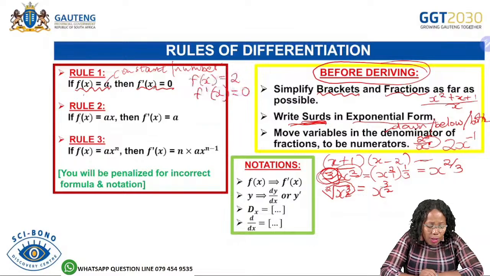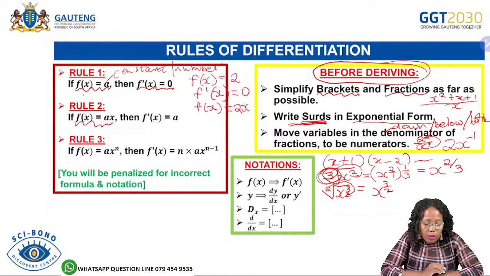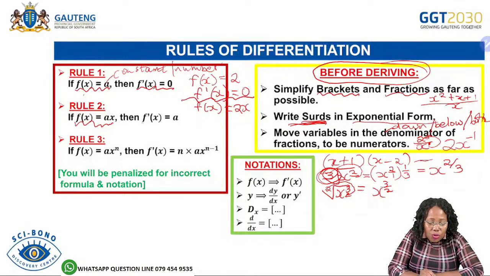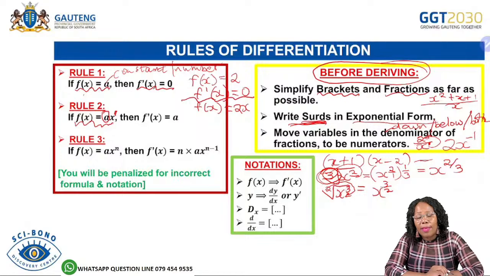Rule number 2, we are given f at x equal to ax. For example, we are given f at x equal to 2x now. Can you see that? It is now having an x. So this rule says to us, if you look at the derivative of that, your answer will be the coefficient of that x, only if x is to the power 1 there.